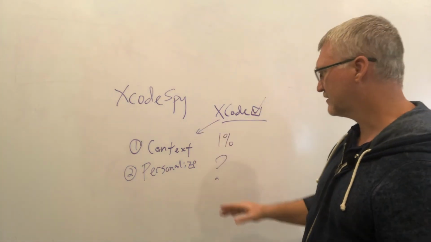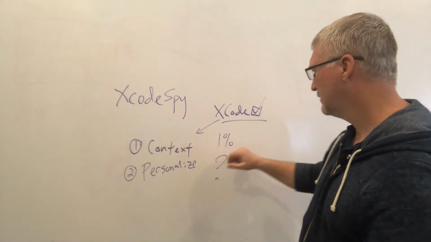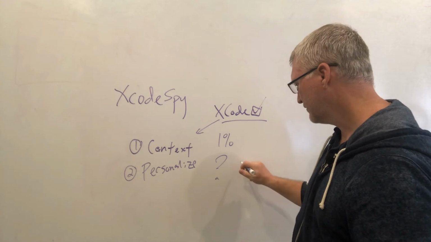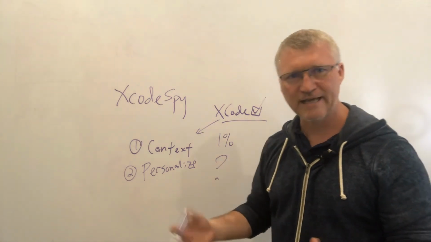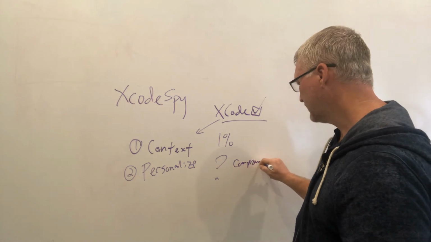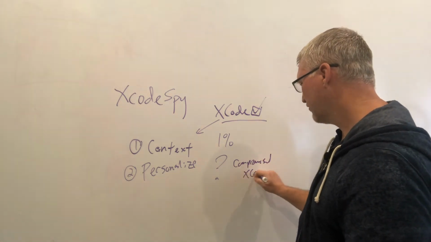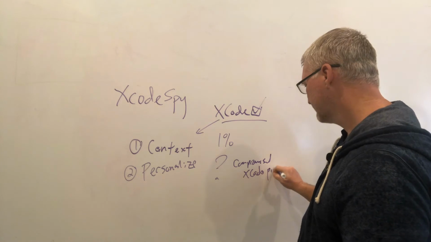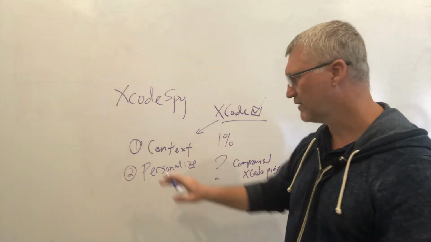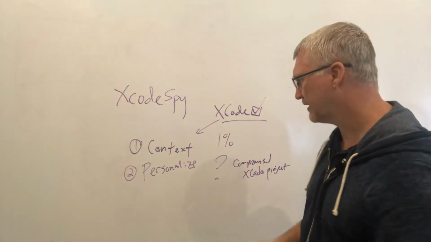But back to this. XcodeSpy requires Xcode. It also requires a project that has been compromised. I'll write this down. Compromised Xcode project. So you have to have at least two things here. Again, we're personalizing the threat, putting it in context.